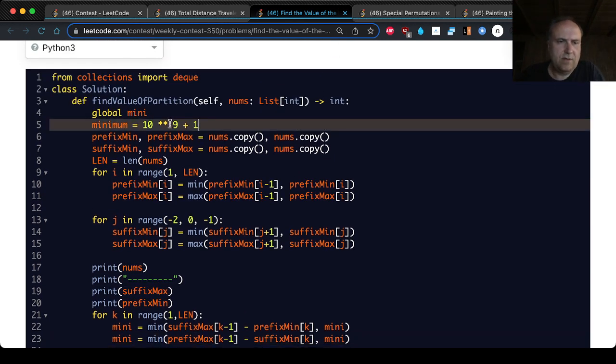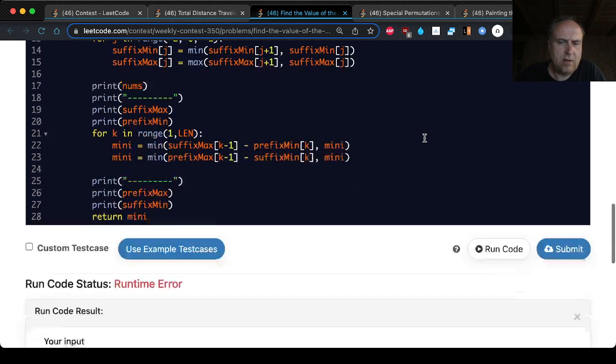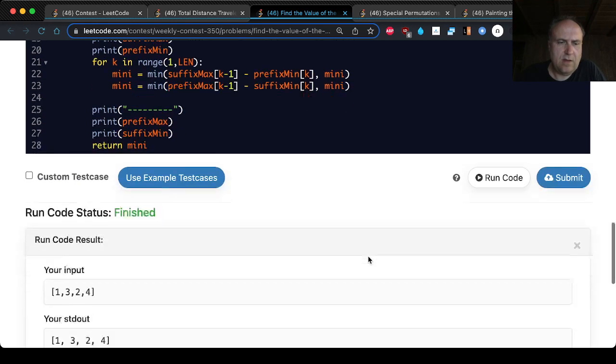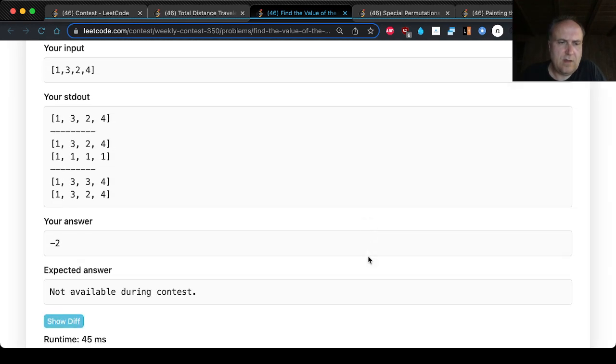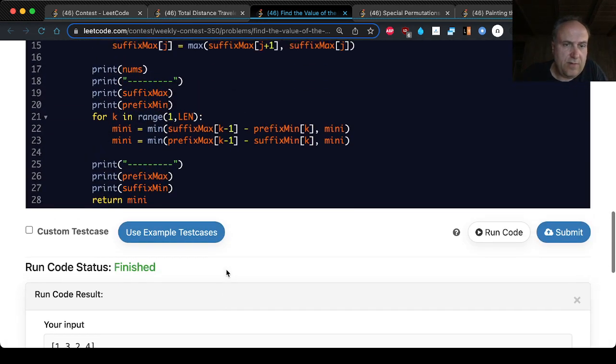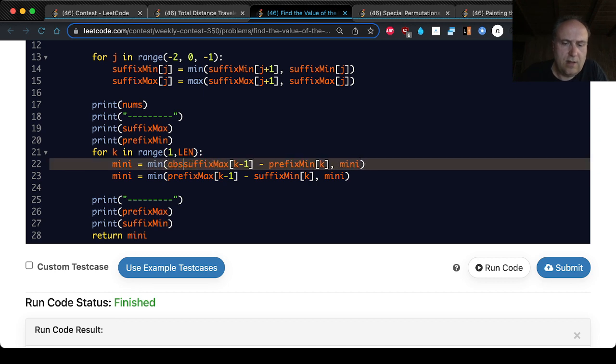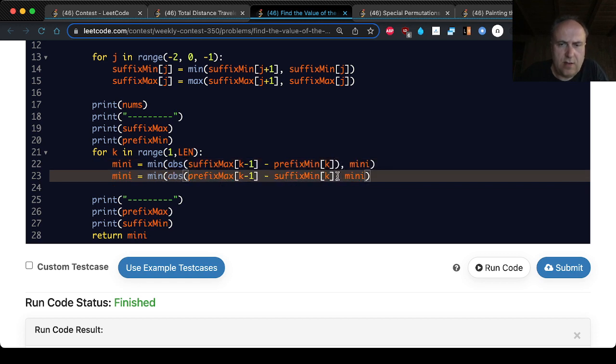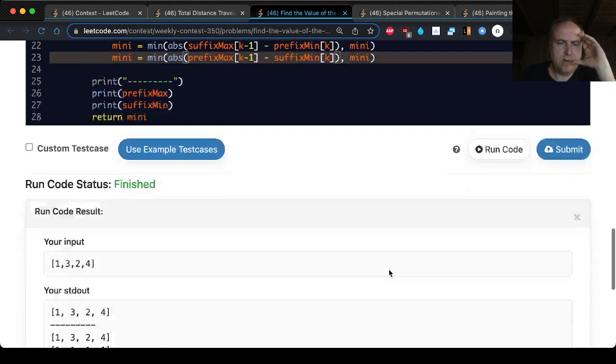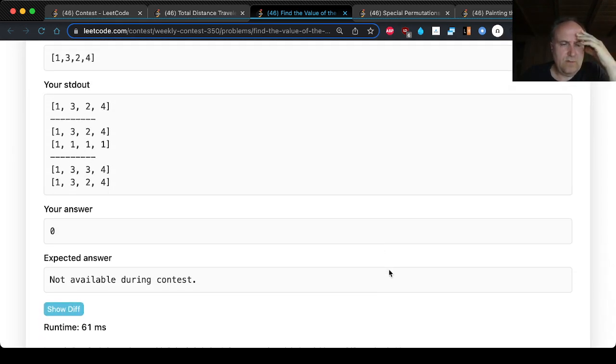Let's call it over. Oh, so we need absolute value as well. Abs. Okay. So 0.